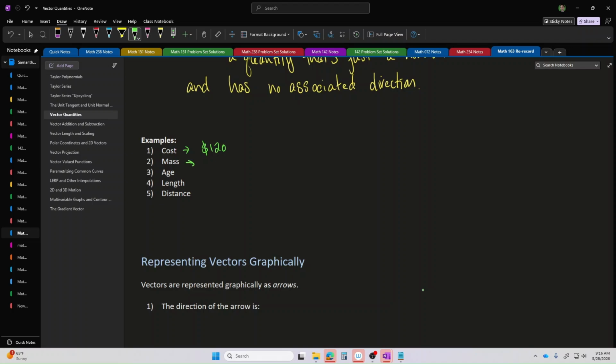The mass of an object, for example, might be 8 kilograms. The age of an object or of a person, again, can be communicated with a single number. You could say something like 31 years. Length and distance are also scalar quantities, and these can be conveyed with a single number, for example, something like 4 meters.